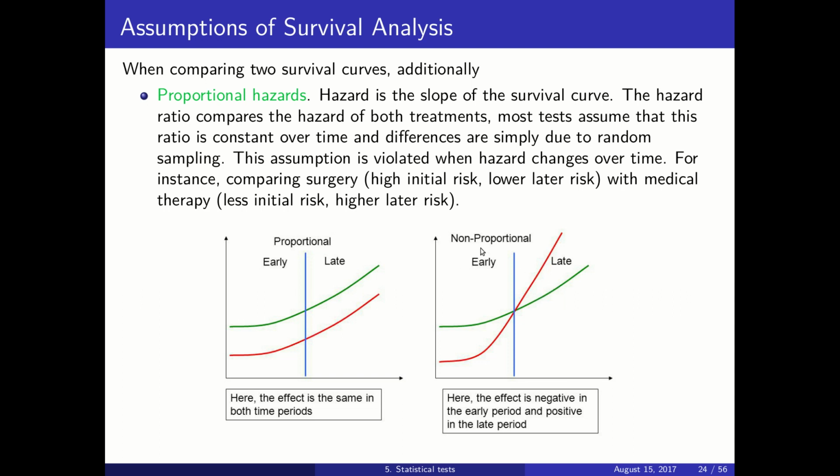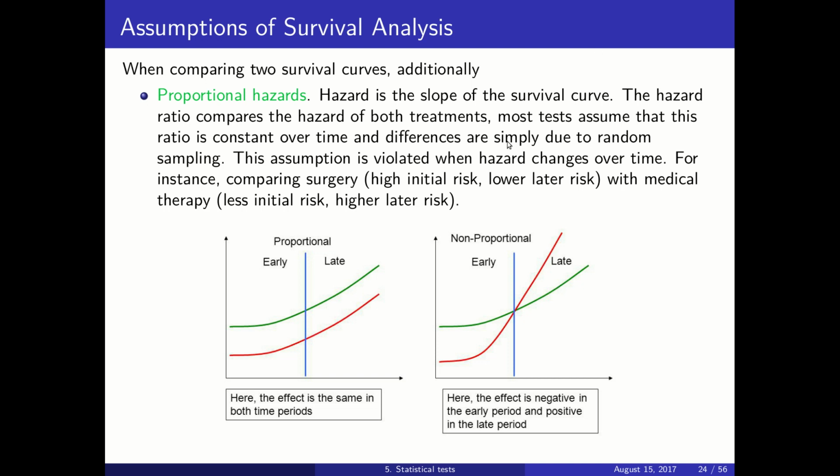When you do a surgery, just at the operation time there is a high initial risk, but later, if everything goes well, the risk is normally smaller. With the medical therapy, the risk at the beginning is not as high as with surgery, but later it is higher and higher if the therapy is not useful.